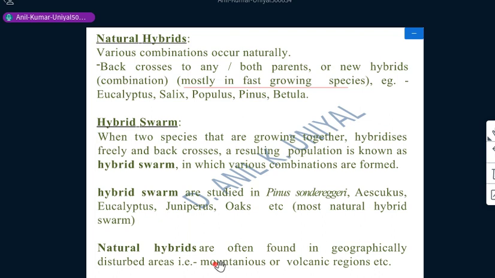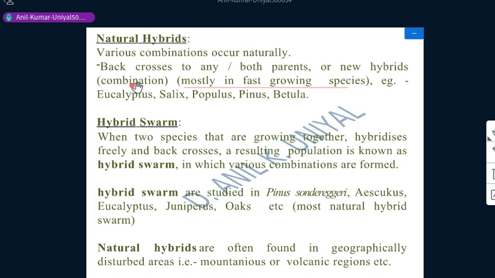Such types of new combinations are found because, suppose there are 10 trees of a single parent, growing in a stand that has disturbance due to the mountain system or volcanic region, there will definitely be different growing conditions due to their soil nutrients, moisture level, spacing and so on, so the resultant 10 trees will grow differently, and in due course their genetic systems may differ a little bit due to mutation in their genetic structure, and it will act as a new variety or new combination.